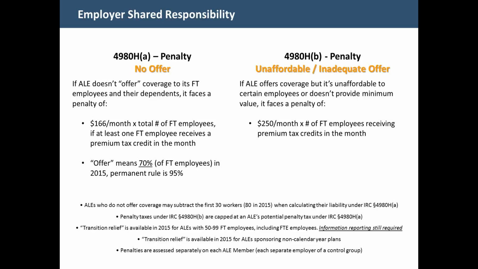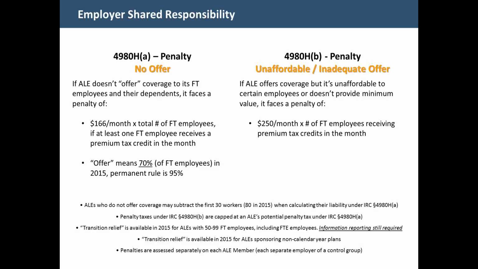In 2015, in order to meet the offer requirement, an ALE has to offer coverage to at least 70% of its full-time employees. That threshold increases to 95% in 2016 and thereafter. That's the A penalty.